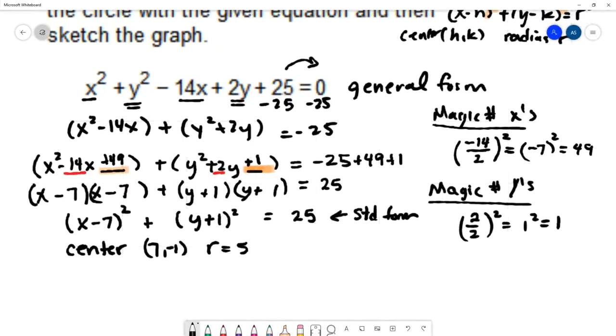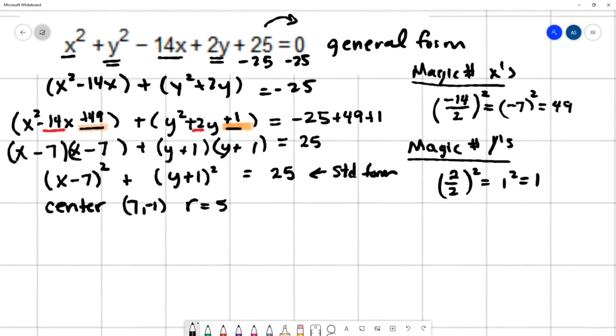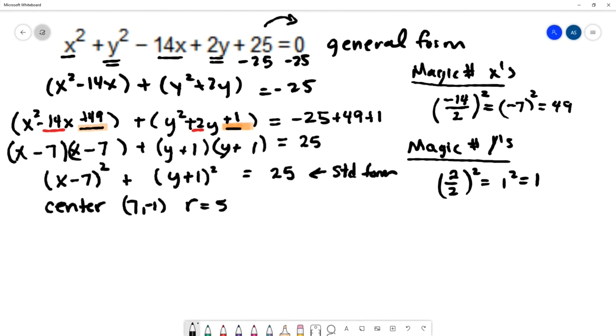We can also, from standard form, find the intercepts. How about we find the x-intercept using standard form and the y-intercept using general form, just so you can see it done in multiple ways.